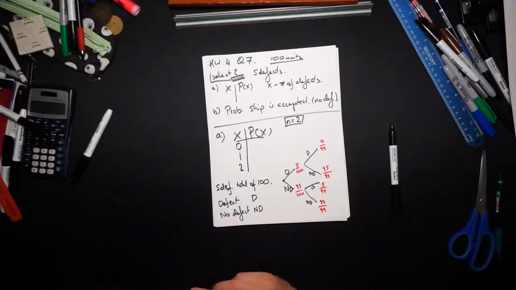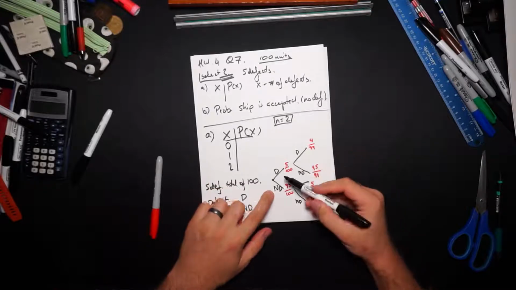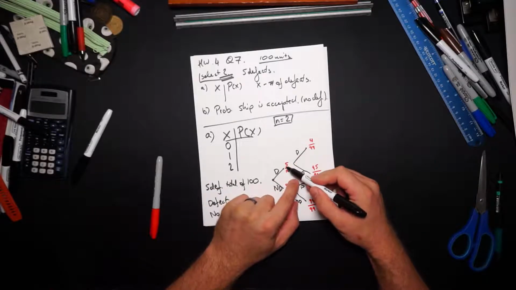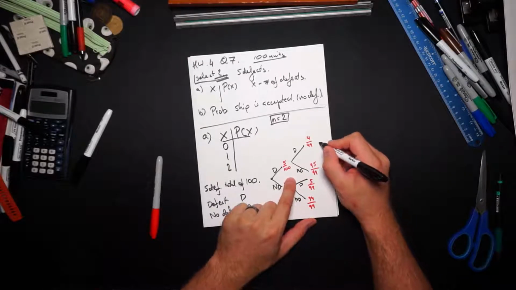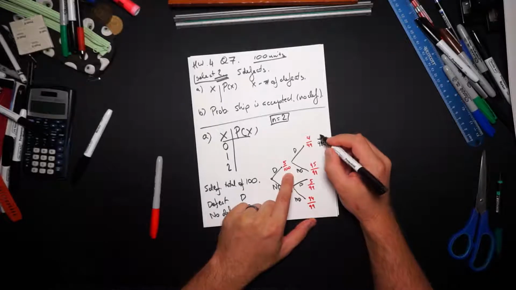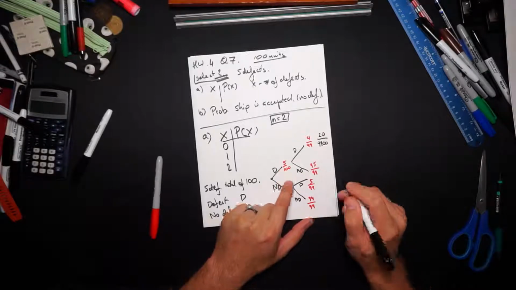So we build this tree diagram, and how do we get the final probabilities? Well, defect, it's this times this, this times this. So on the bottom we will have 9900, and on top we're going to have 5 times 4, so 20.